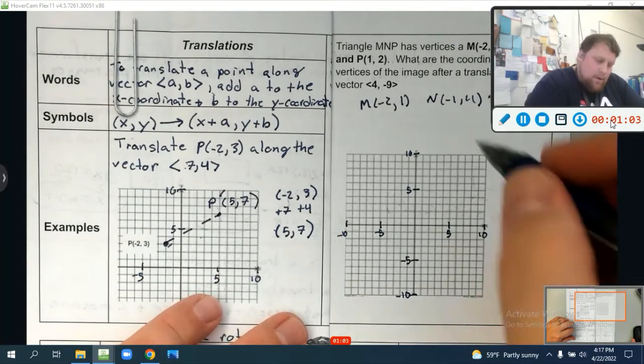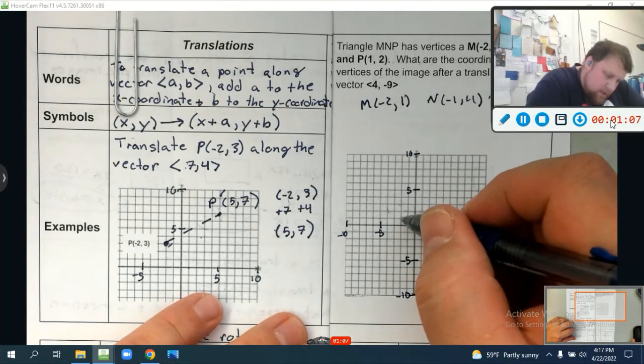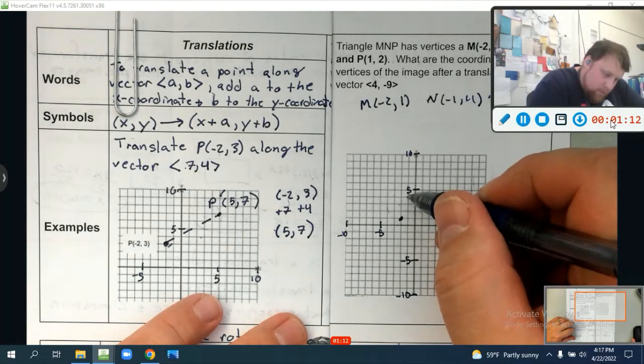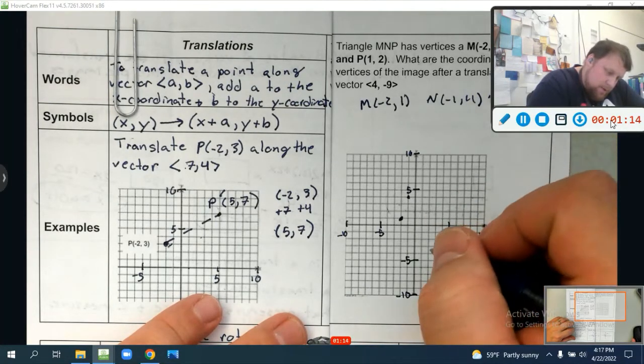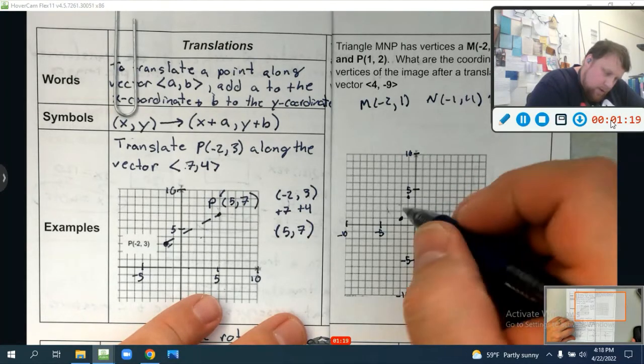So, I just want to label these points real quick. So we have (-2, 1). All right. And we have (-1, 4). And P is (1, 2). Okay, and let's see this.